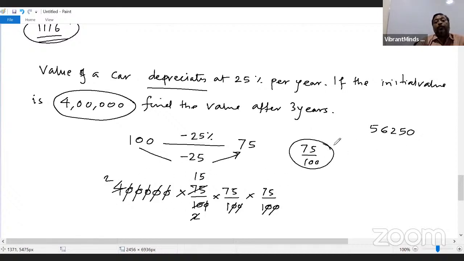So let's put a 0 over here and make it triple. So it is 0. 5 3s are 15. Carry forward is 1. 3 2s are 6, 1 7. 6 3s are 18. Carry forward is 1. 5 3s are 15 and 1 16. So your value will be 1,68,750.